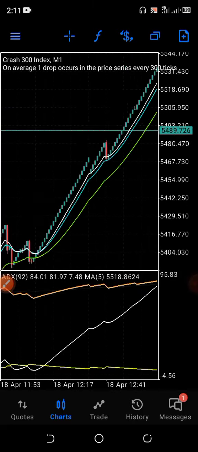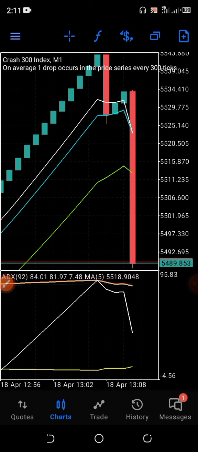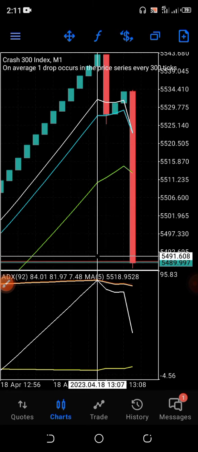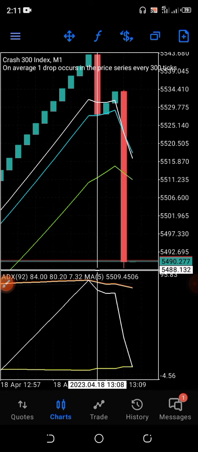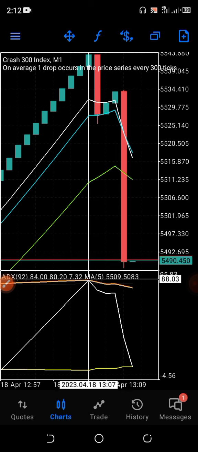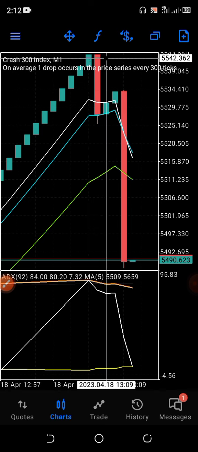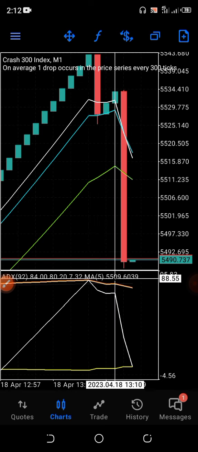Now, watch what happened here. If for any reason this thing touched this place, immediately it touched this place. Remember, if it touched this place, you have an opportunity for spike. Watch, it never touched here without dropping.